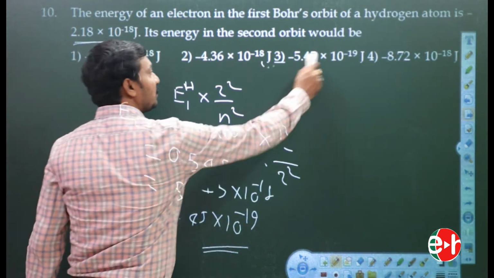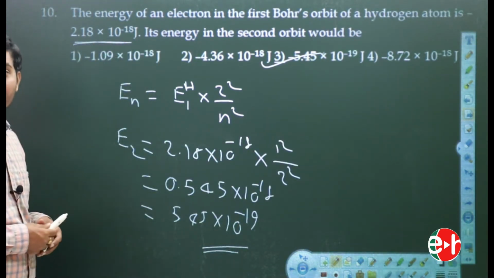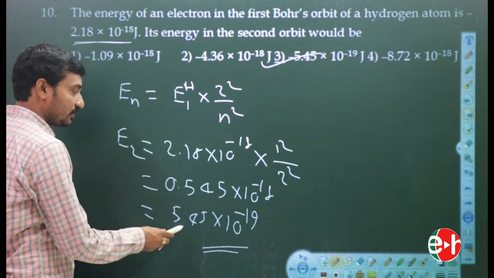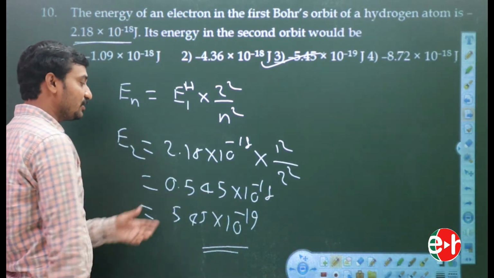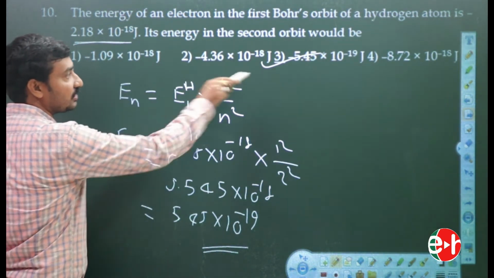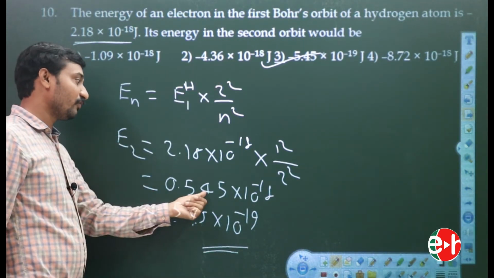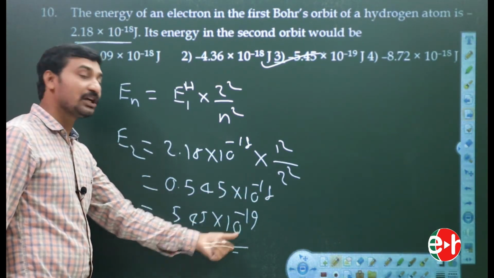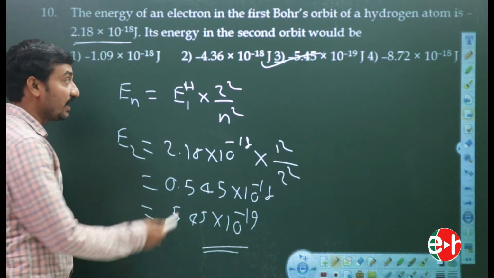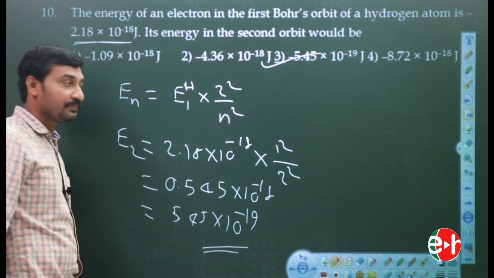Hence the third one is the right answer. We are getting 0.545, which is not in the options, but 5.45 is given, so 10 to the power minus 18 becomes 10 to the power minus 19. Hence the third one is the right answer. Okay, next.